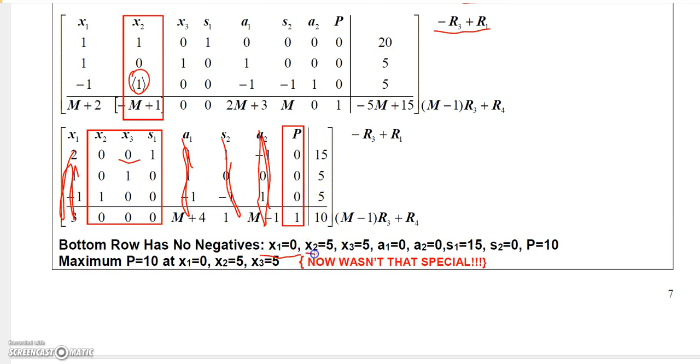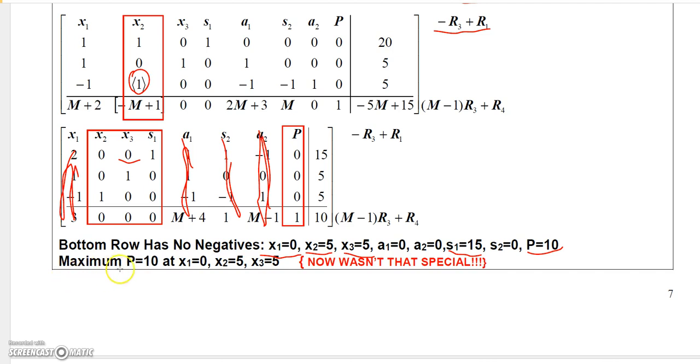And then x3, the 1 is in the second row, and that also tells us 5, so x3 is 5. And then of course, a1 is 0 and s2 is 0 and a2 is 0 because they're non-basic. And then s1 is in the first row, so that's 15. And then of course the p is 10.